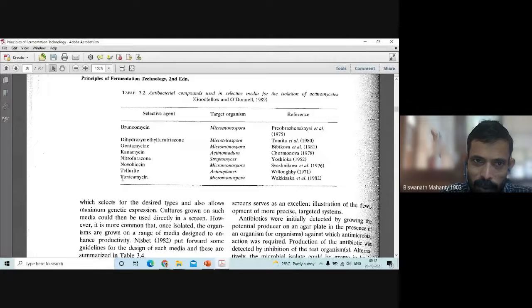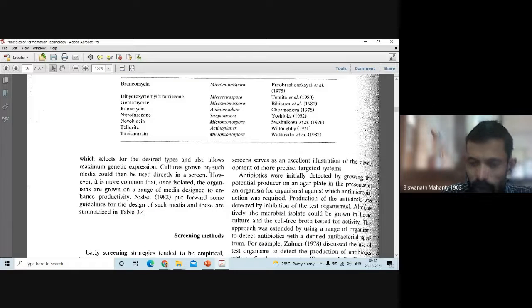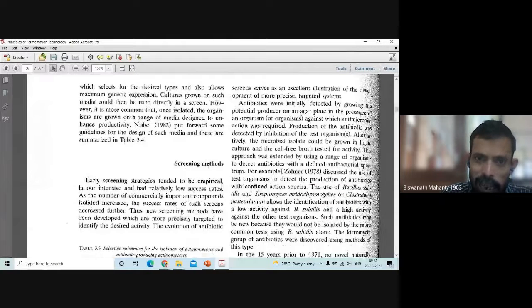For example, I'm going to look for gentamicin. So Micromonospora we know. We have some selective media where we can put some primary components for selection, and you can also go with a similar approach.